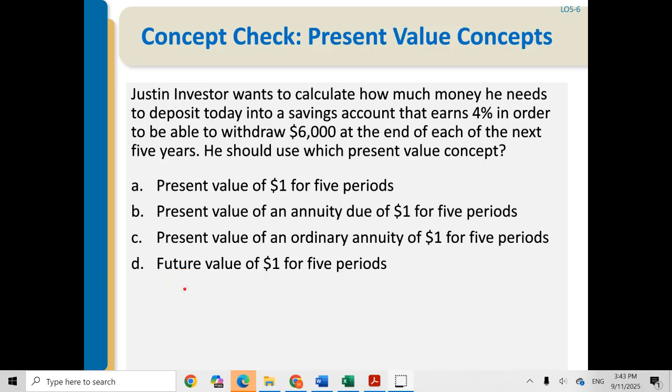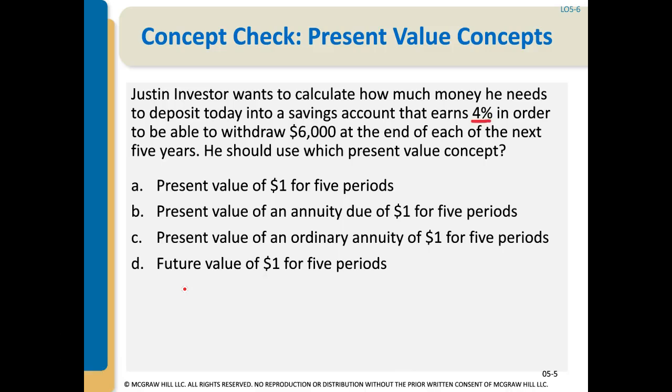Let's look at this concept check. Justin Investor wants to calculate how much money he needs to deposit today into a savings account that earns 4% in order to withdraw $6,000 at the end of each of the next 5 years. He should use which present value concept? And when they say concept, it's really going to be which factor table.